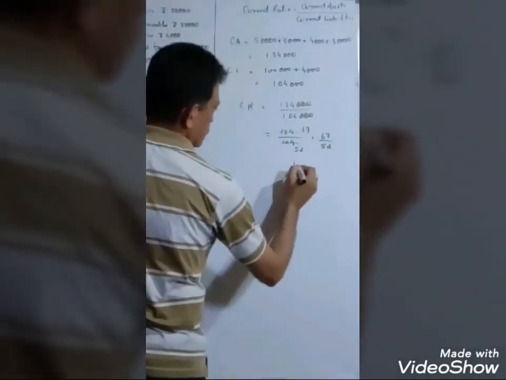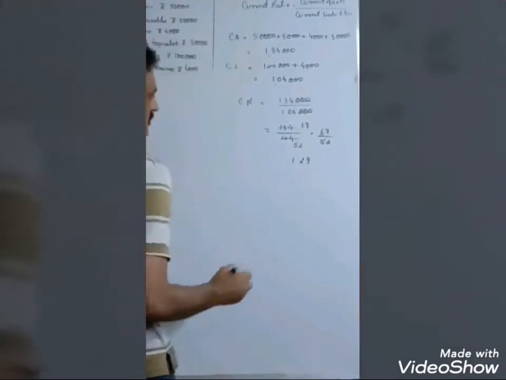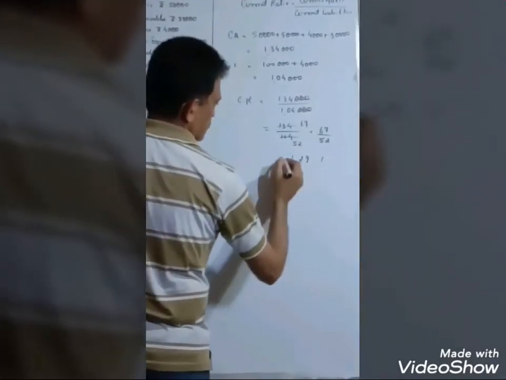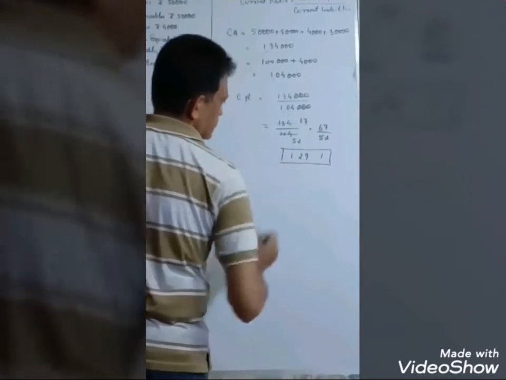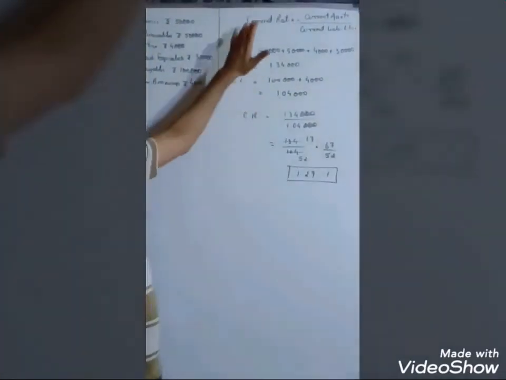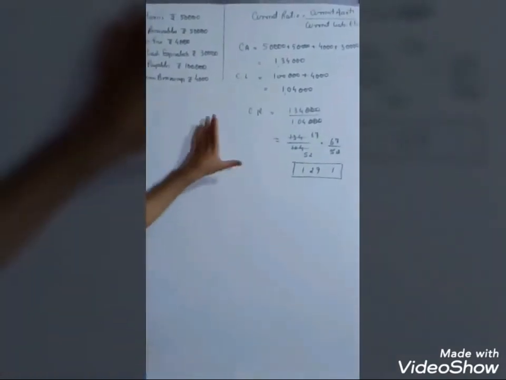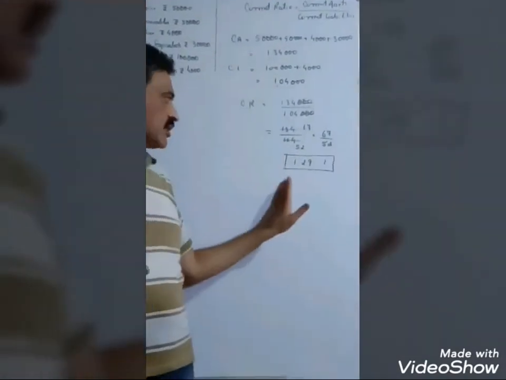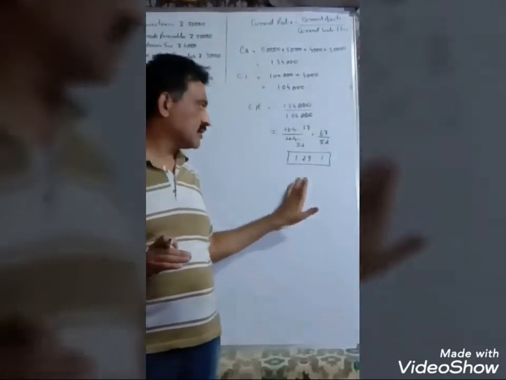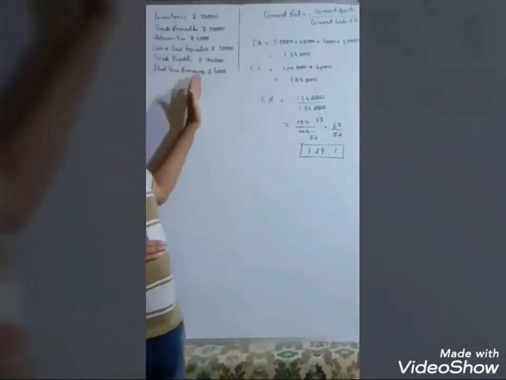Now we will further divide this. So we will get 1.29 ratio 1. This will be your answer. The standard ratio for current ratio is 2:1, but we have arrived at the current ratio 1.29:1. This is illustration number 1.